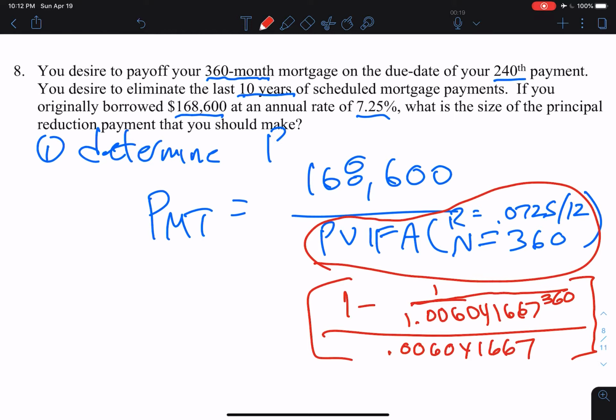I thought it was good to show 7.25%, and to give you some practice working with numbers like this that are just not nice and neat.